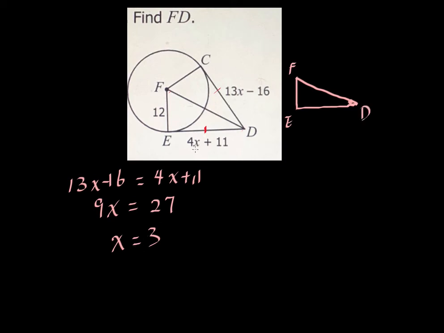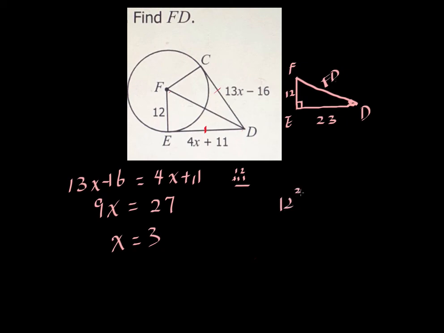And then by plugging 3 in, 3 times 4, 12. So 12 plus 11, it's 23. So ED is 23, and FE is the radius, which is 12, and we have a right angle here. And we're trying to find FD. Let's call it FD, that length.